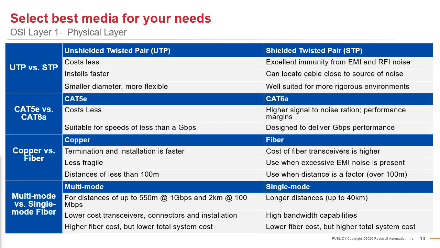Because also with single mode, and we're not going to go into a lot of detail on it, you can do a lot more multiplexing over your two strands of fiber and get multiple signals over it. This is technology the phone companies use, but if you really want to truly future proof your plant, single mode is probably the better bet. I agree.